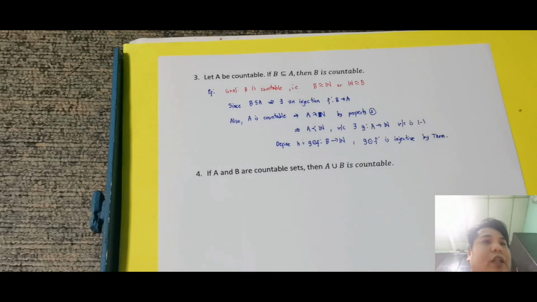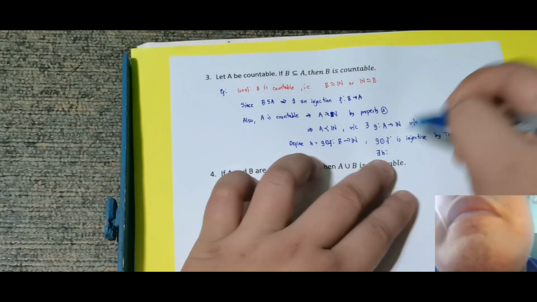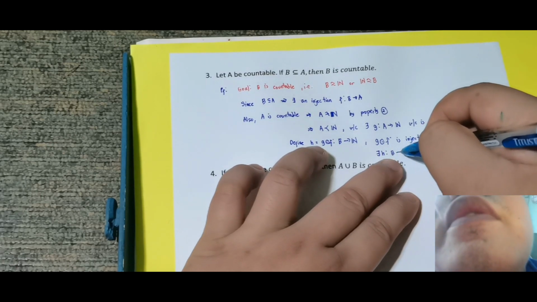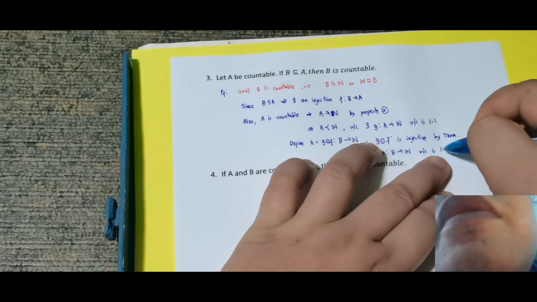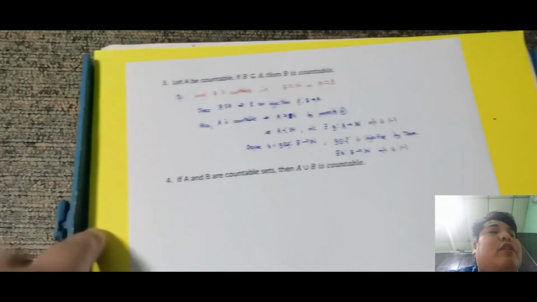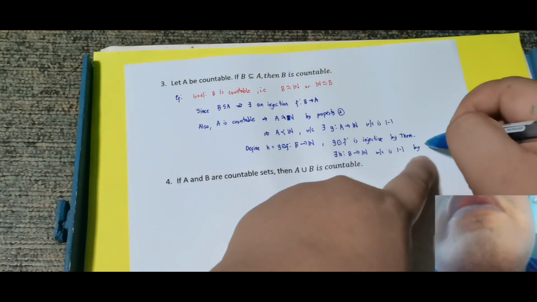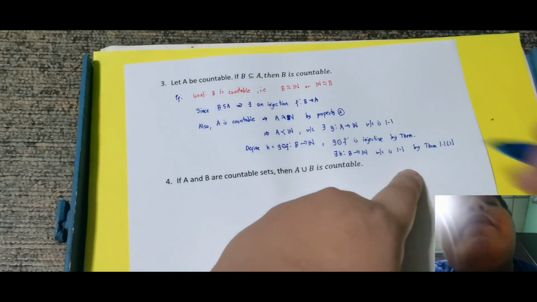Since G circle F is injective, I have found a function. There exists a function, H, mapping from my set B going to the natural numbers, which is one to one. Now, by theorem 1.11, since I found an injective function, B is countable.